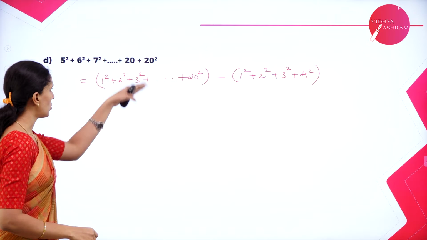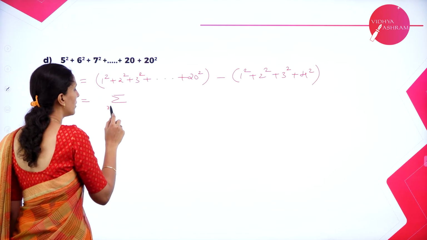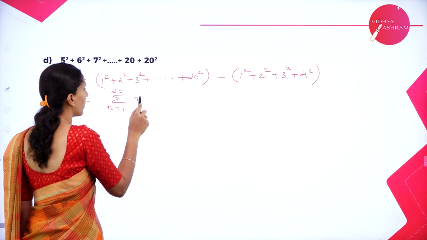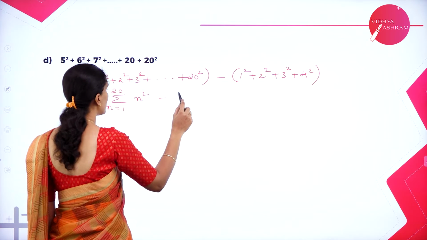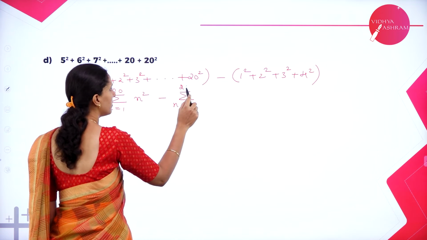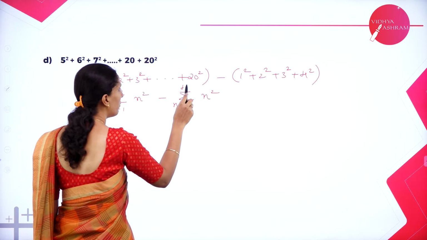Now what is this actually? This is the summation of n squared from 1 to 20, and this is the summation of n squared from 1 to 4, because we have only 4 terms.